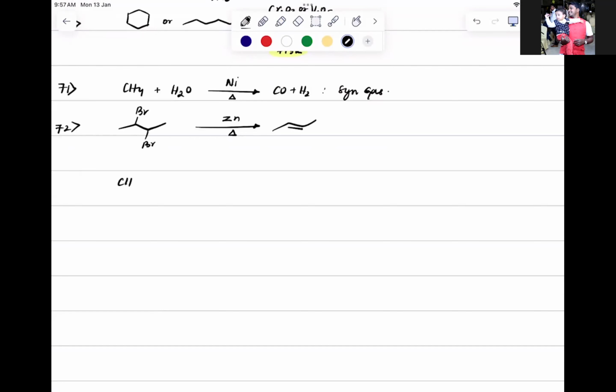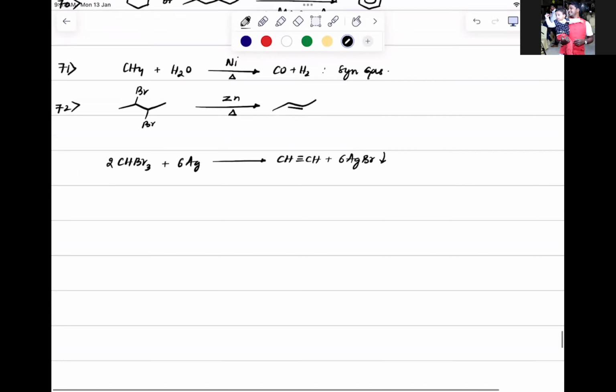But if you have the same Br3 here of 2 moles in the presence of 6 moles of silver, then you will get CH triple bond CH plus 6 moles of AgBr precipitate. Okay. These types of reactions are Frankland reactions.